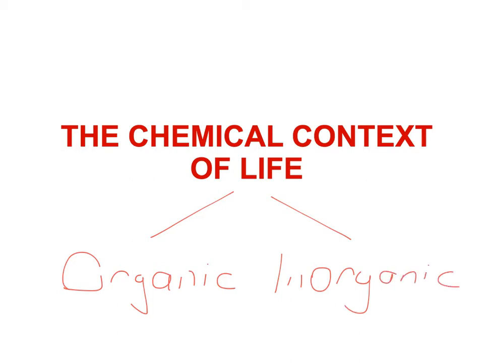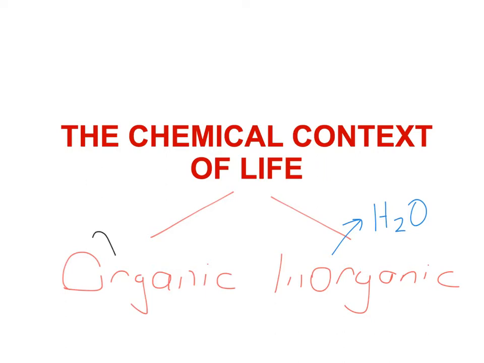What does organic and inorganic mean? Inorganic compounds, the source of inorganic compounds is the non-living environment. For example, inorganic compounds can be water, and water is obtained from the rivers, lakes, seas, oceans. But the main source of organic compounds is living organisms.